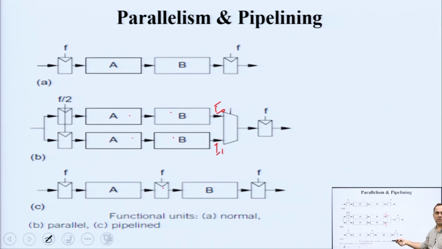By the time the final output reaches here, the output for the next stage might already have reached here. In the normal approach, it will still be here. So, this is the approach of pipelining.